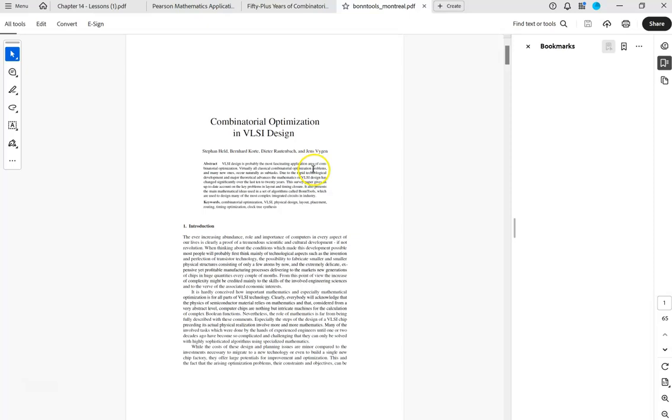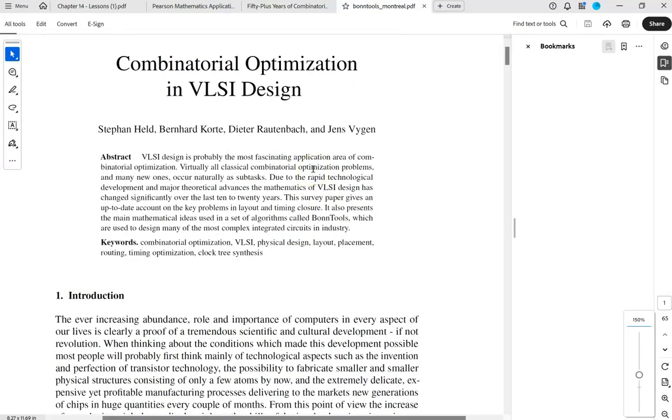So, like, here's a mathematics paper, and that's what the abstract looks like. It's just a paragraph, and then all I have to do is explain why I did that. Let's read this. It says VLSI, don't care what it is, design is probably the most fascinating application area of combinatorial optimization. Virtually all classical combinatorial optimization problems and many new ones occur naturally as subtasks.